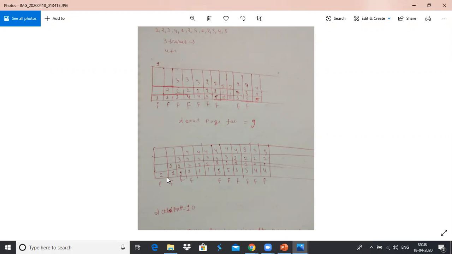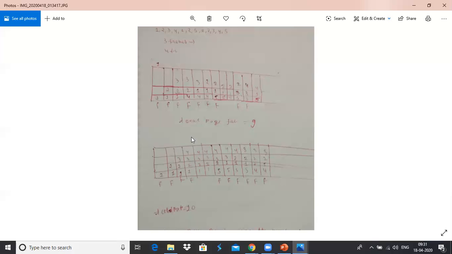previously it was 3 frames. Now we are taking 4 frames and applying the same FIFO algorithm on the given reference string. 1 comes here, 2 comes at frame number 0, 3 here, 4 here. After inserting 4, all the frames are completely filled.